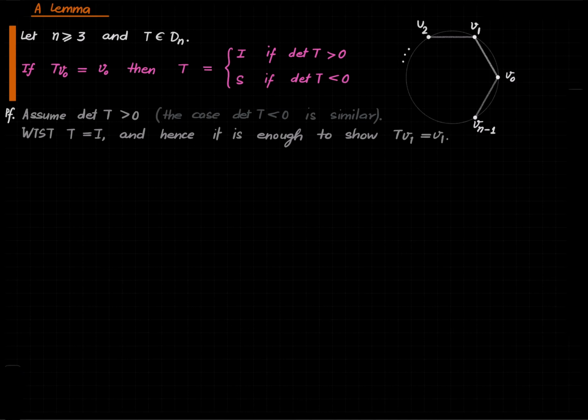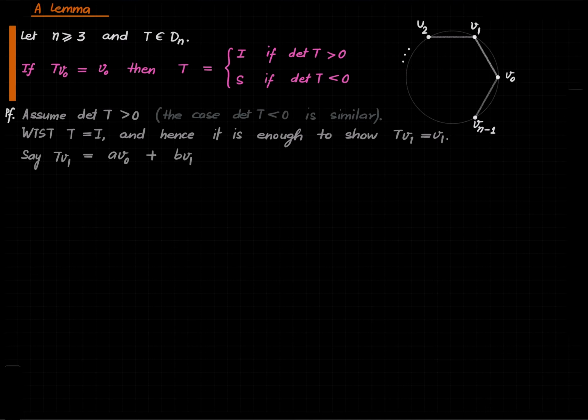Why is this enough? Because T already fixes V naught. If it also fixes V1, then it has to fix every point in the plane. V0 and V1 together span the entire plane. So this is all that we now need to do. So say T of V1 is written as a linear combination of V0 and V1, because any vector can be written as a linear combination of V0 and V1.